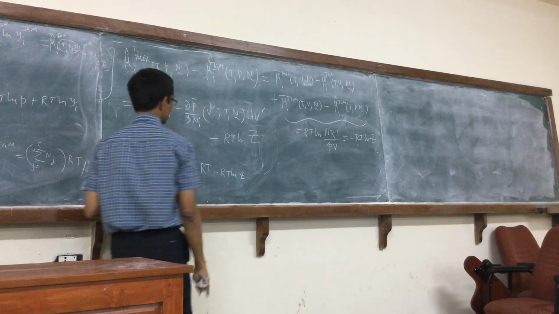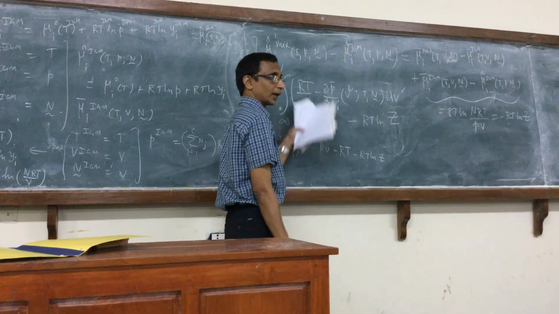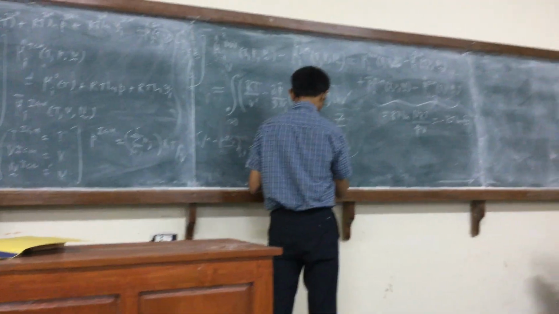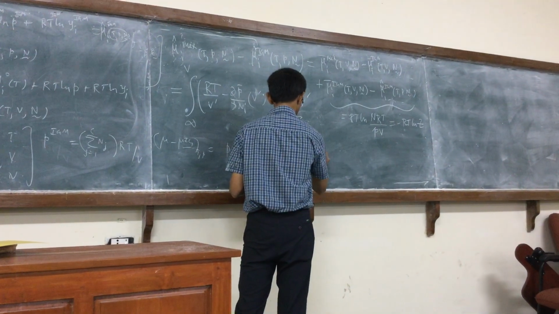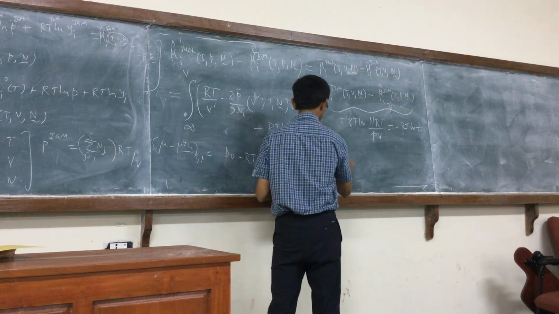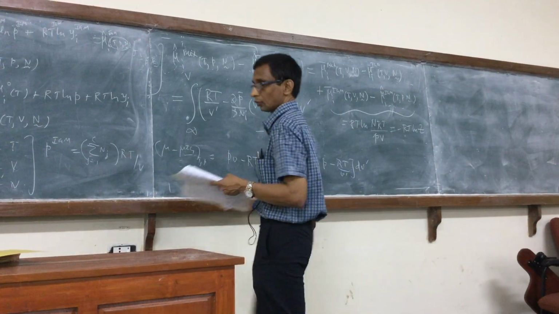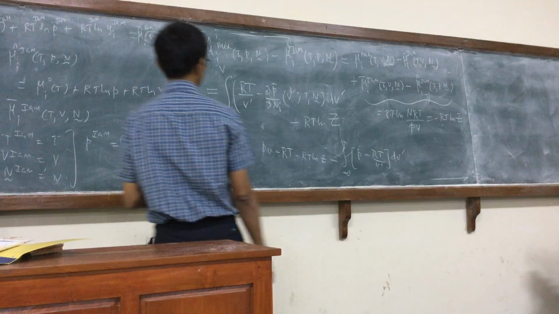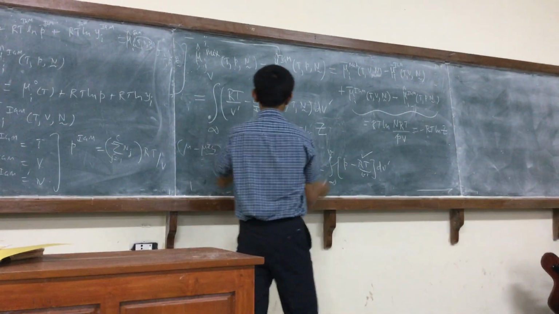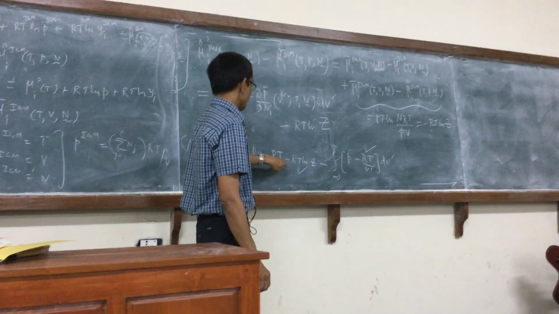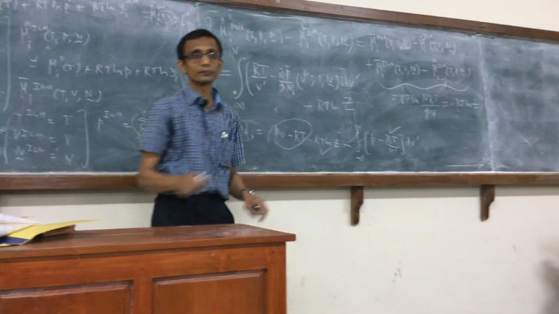Now this also has a minus RT log Z. That's the only similarity. These terms I don't have for the departure function of the chemical potential. And then I have the integral from infinity to V of (dP/dNi minus RT by V prime) dV prime. So the only similarities are in this and in this. Instead of P, I have dV by dNi, and of course I have this, but I don't have any of these terms at all.